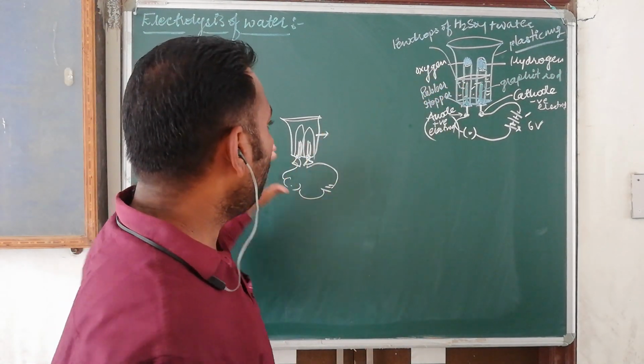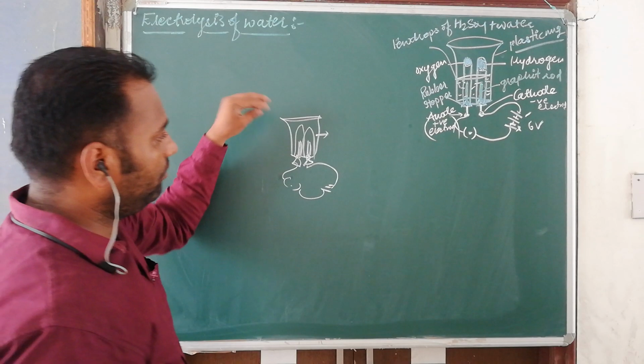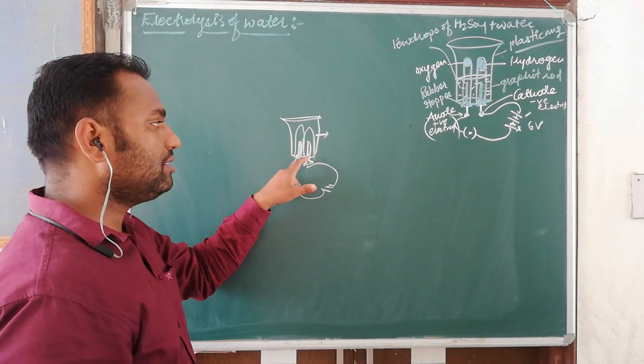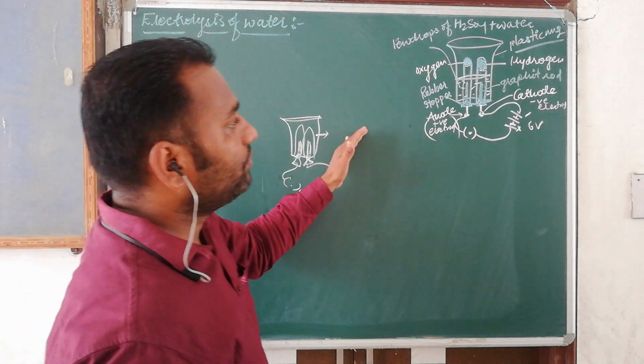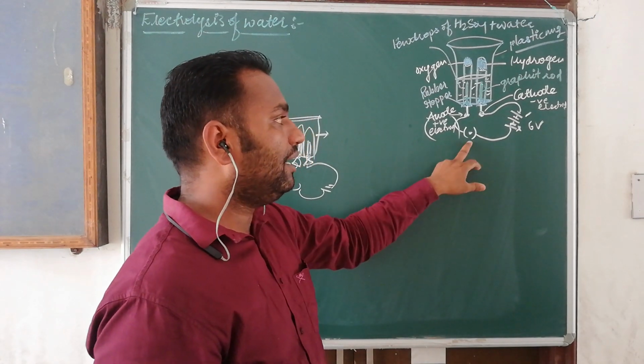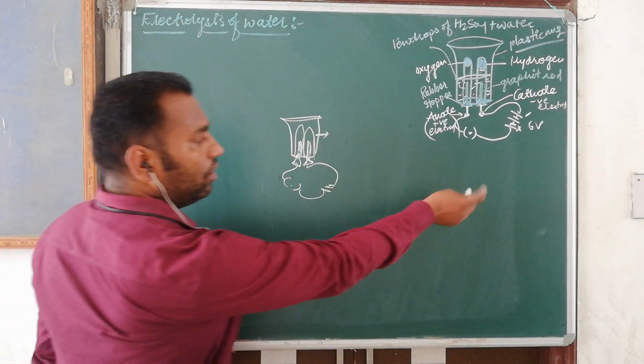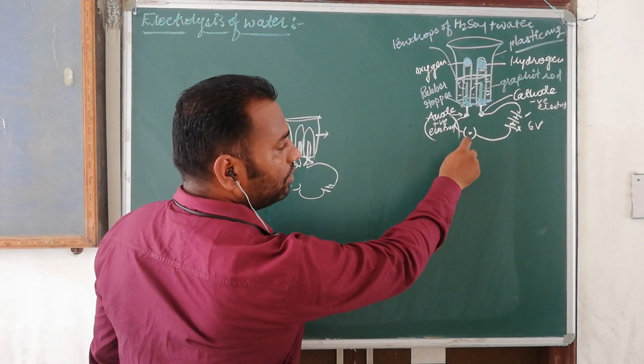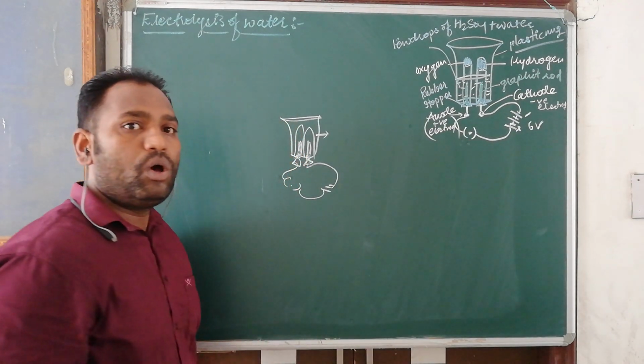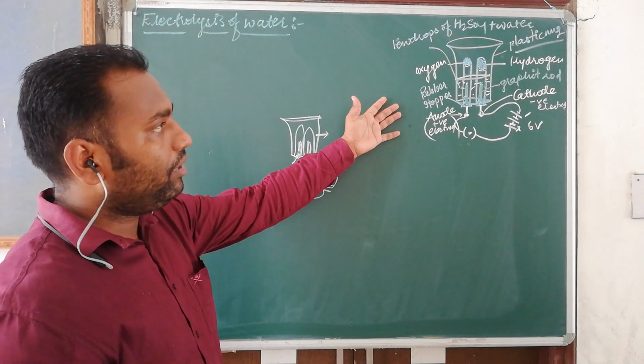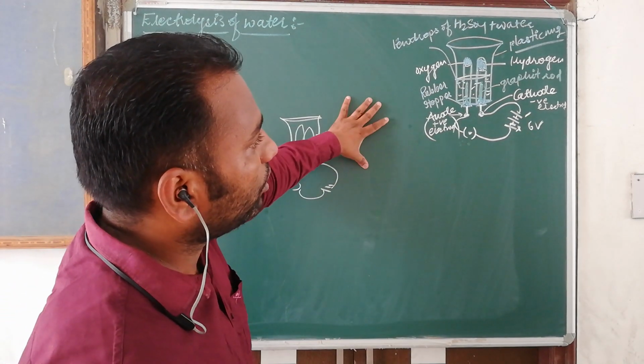We invert 2 test tubes over the graphite rod electrodes, and then we start. We close the open switch, so we switch on the circuit.